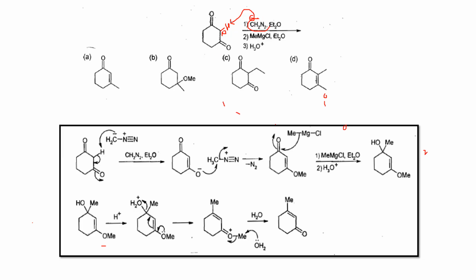So diazomethane will first take up the proton from here like this. Then it will attack through this oxygen center, generating this alpha beta unsaturated type of compound. Then if you add Grignard, it will attack this carbonyl center and generate this type of compound. And when H plus is given, this double bond moves here and removes OH from the system.